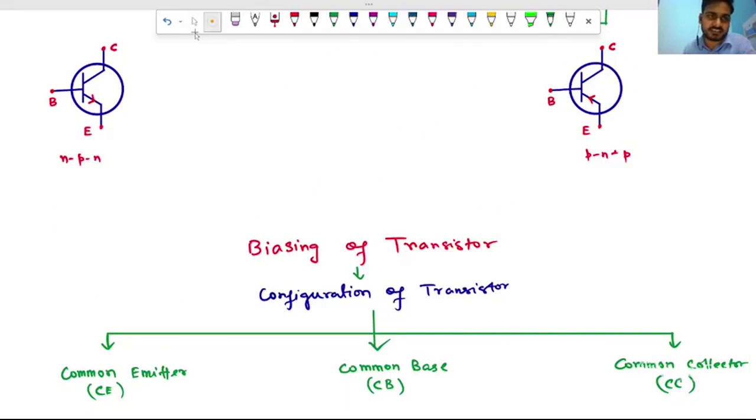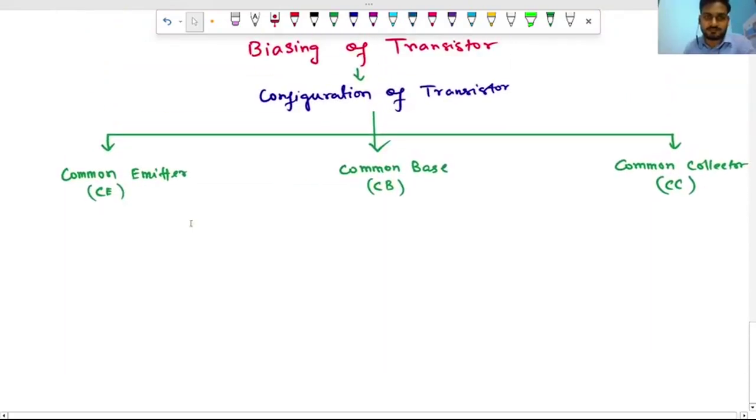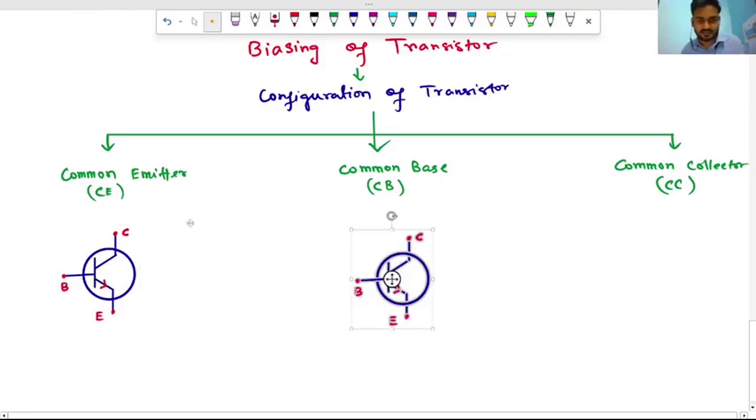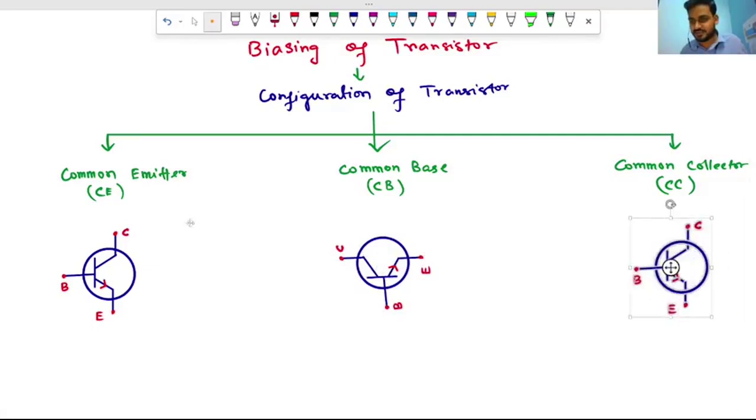For that, let me copy this one. Listen, here I will be drawing the total circuit. Here also the base will be common, so I'll keep it like this, and for common collector I will keep it as it is.